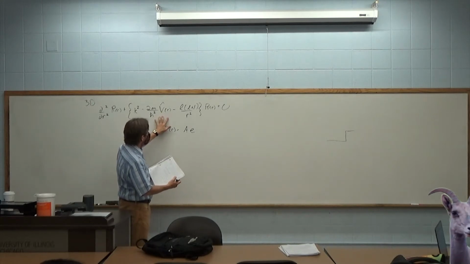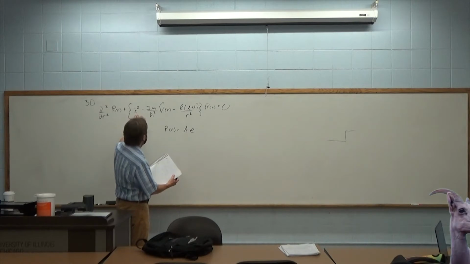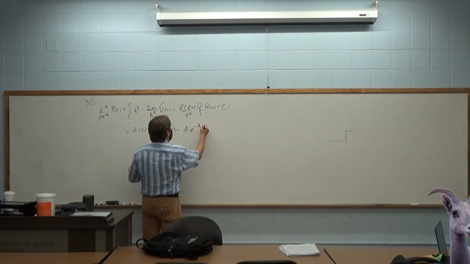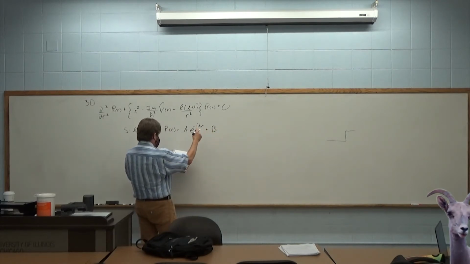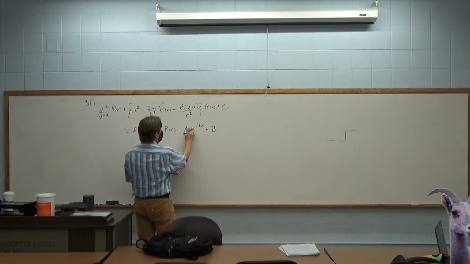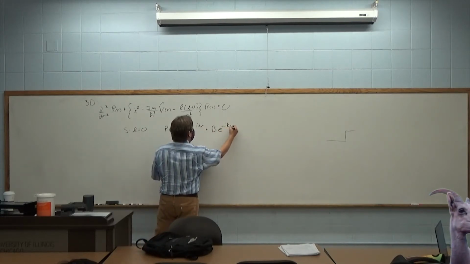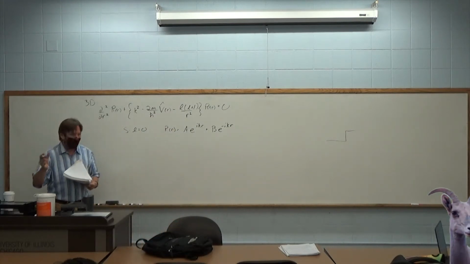We'll figure out boundary conditions later. The double derivative is equal to k squared times the function. That's the same problem we've been dealing with most of the time.